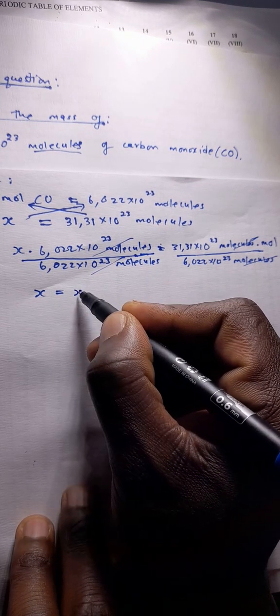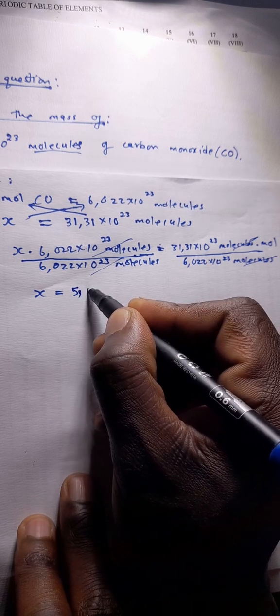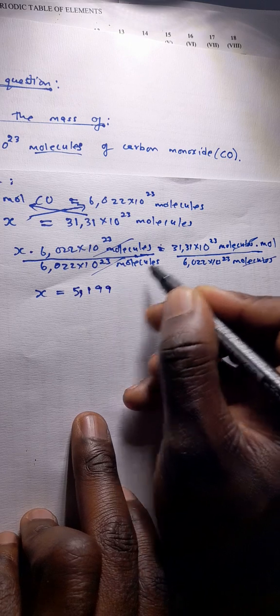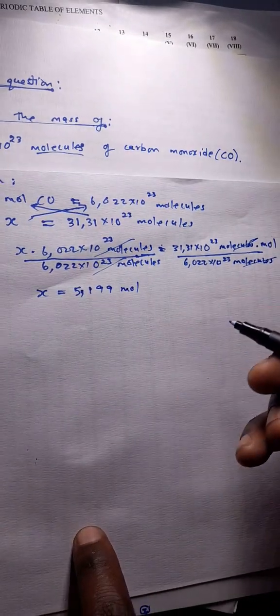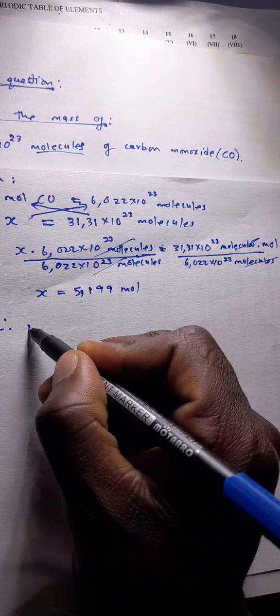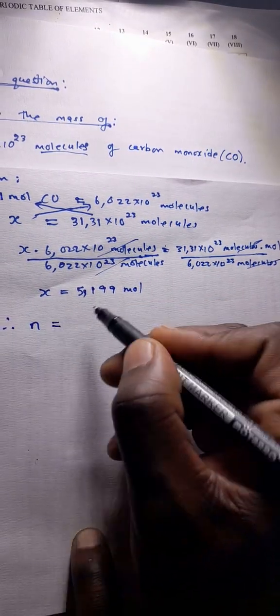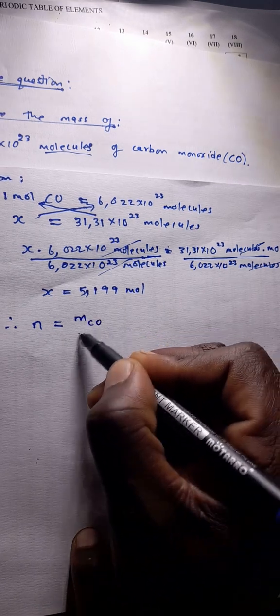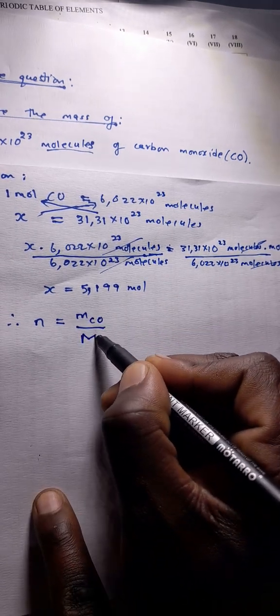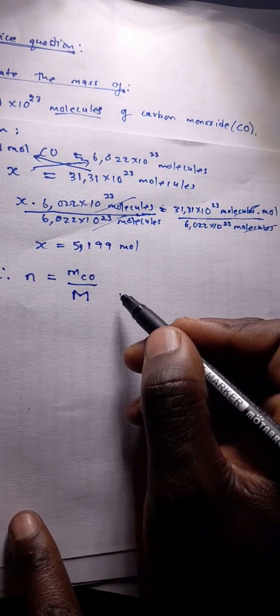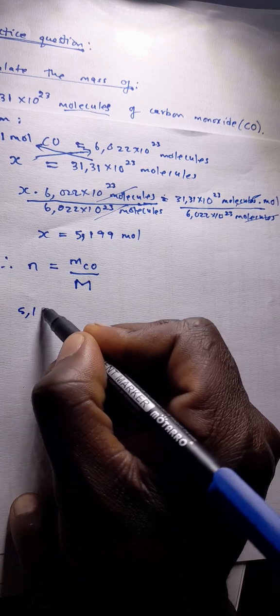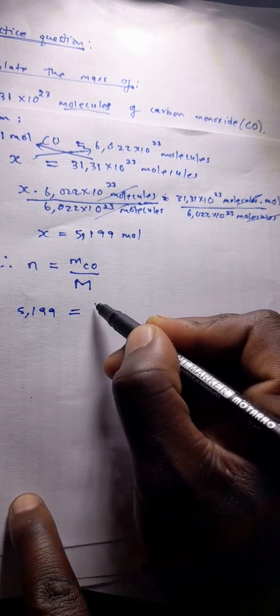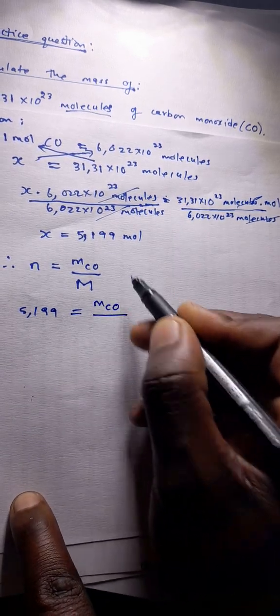So x equals 5.199. What is this? Moles. But the question wasn't looking for moles. The number of moles is equal to the mass of carbon monoxide, which the question was looking for, over the molar mass. So 5.199 equals mass over the molar mass.